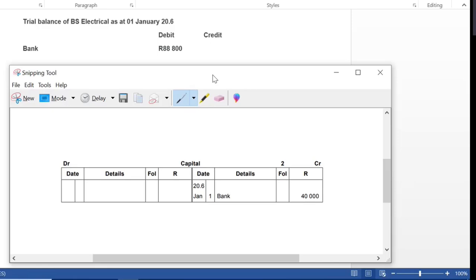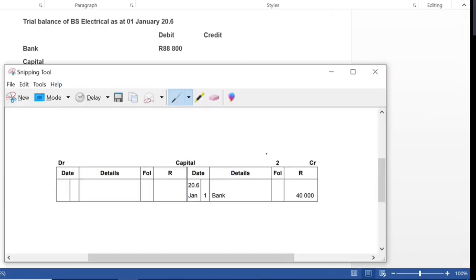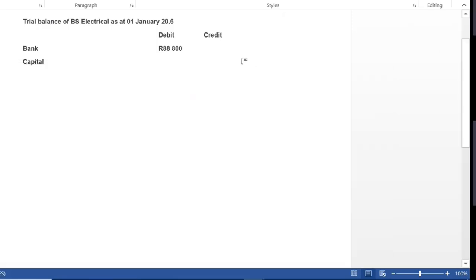Can you see? And this 40,000 is on which side? It's on the credit side. So in the trial balance, where am I going to record this? On the credit side, 40,000.